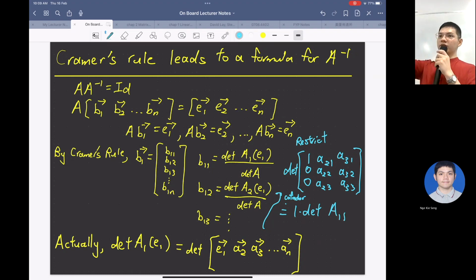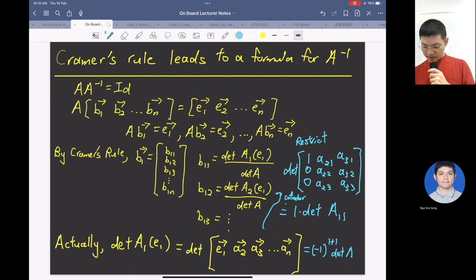You throw away the first row and the first column. Following? So what you get is (-1) to the power 1 plus 1, times the determinant of A11.